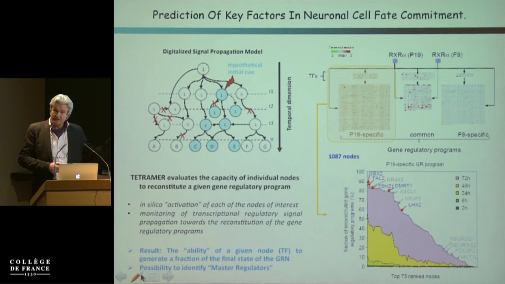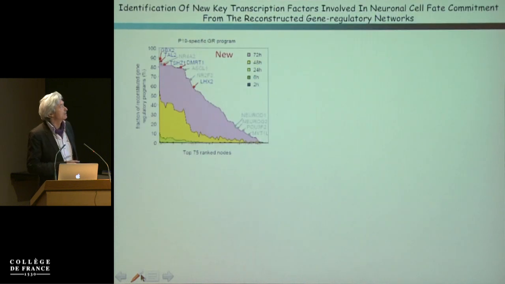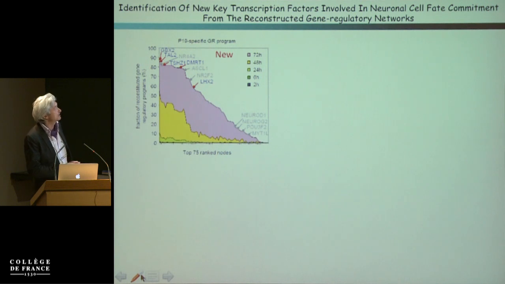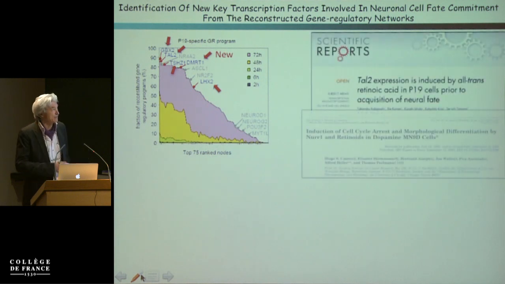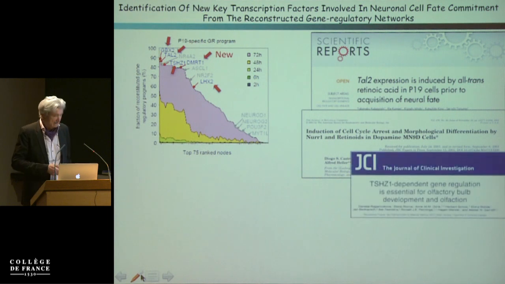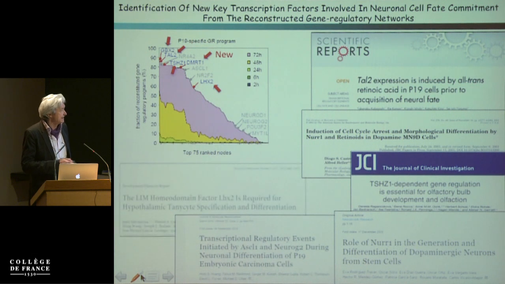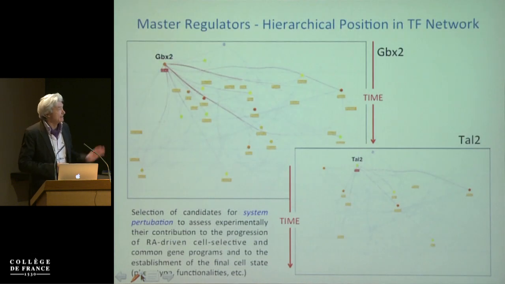So there we have an additional possibility, and this is over a temporal time frame, the 48 hours, 72 hours. So we have the possibility to identify novel genes which, even though people have looked a lot at neurogenic differentiation, have not been identified before, or were only partially described, like TAL2 and the others illustrated here. So the next issue is, can we, this is a visualization of some of these master regulators.